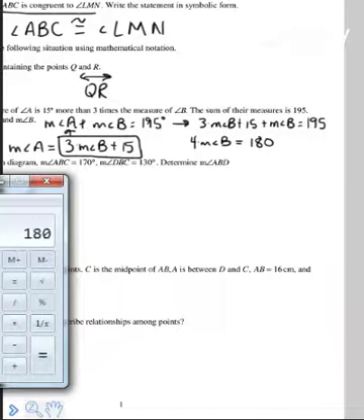Simplifying and combining like terms, this is 4 times the measure of angle B, and then if you subtract 15 from both sides, you get 180. And if you divide 180 by 4, you get 45.